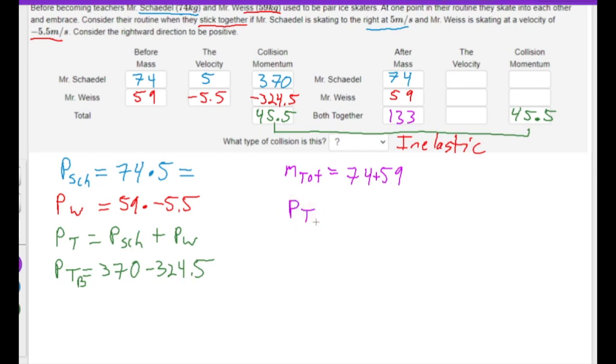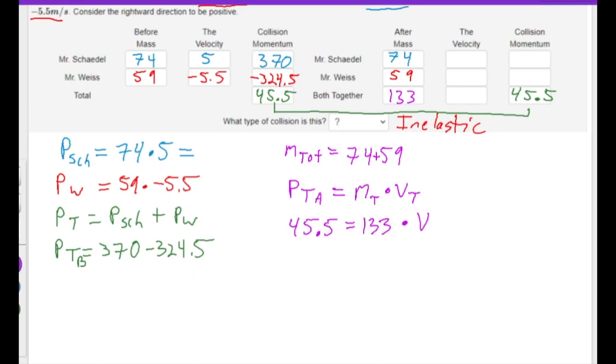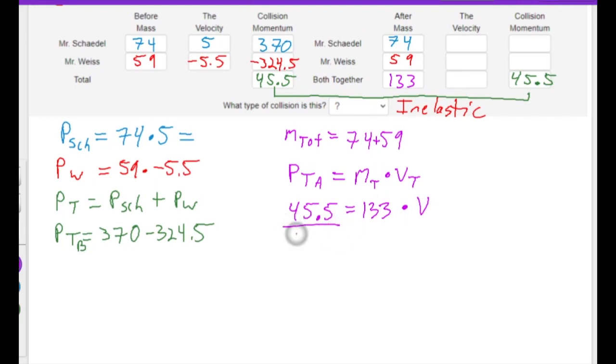So again, P total after is going to be equal to the total mass times the total velocity. The total momentum is 45.5, the total mass is 133, and the total velocity is unknown. So to solve for that, I'm just going to divide by 133, and I find out that the total velocity should be equal to 0.34.